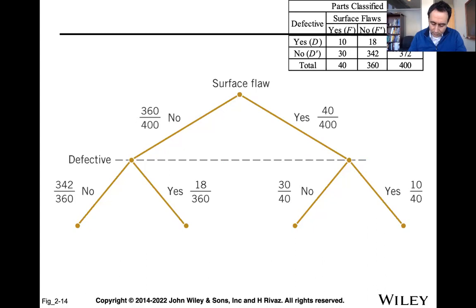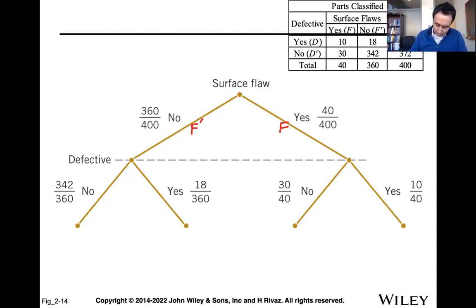Either I have a surface flaw, which means 40 parts out of 400, or I don't have a surface flaw, F prime, so 360 divided by 400. This path represents surface flaw, 40, and this path represents no surface flaw, F prime.